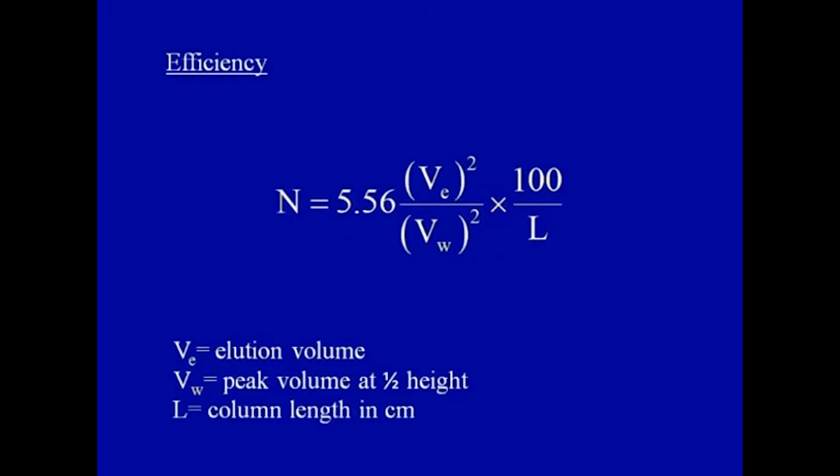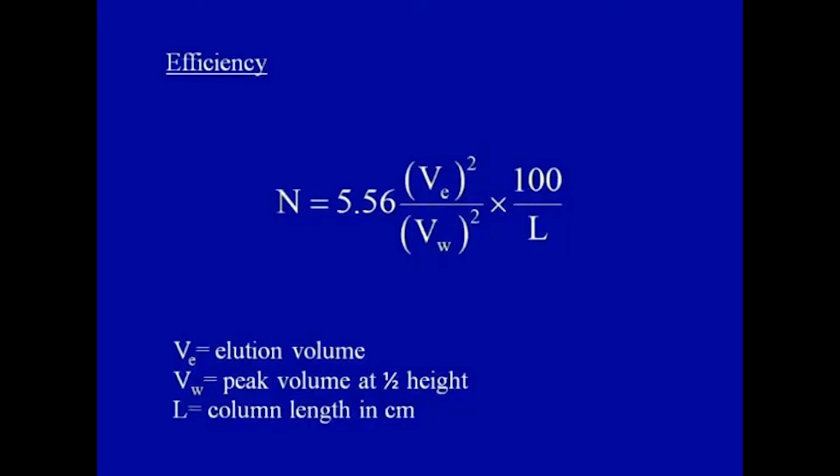If you consider the efficiency of a gel filtration column, if you recall, we were talking about theoretical plates. The more theoretical plates, the better the resolution and the separation power of a column. So, efficiency is determined by calculating the number of theoretical plates per meter.